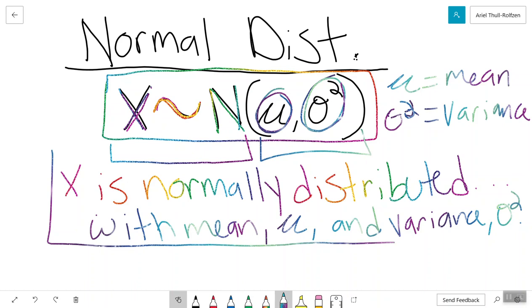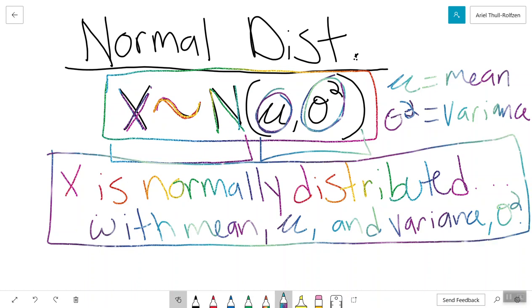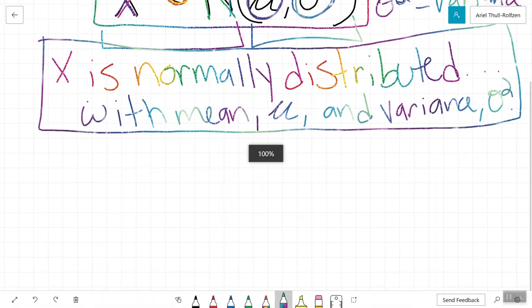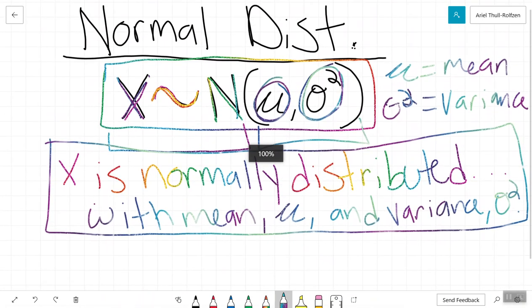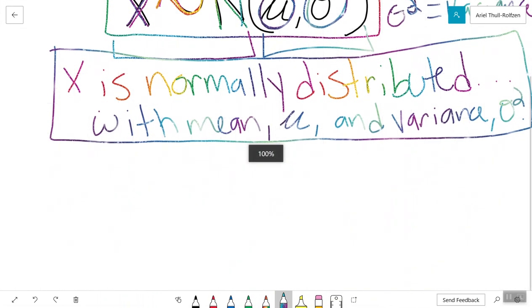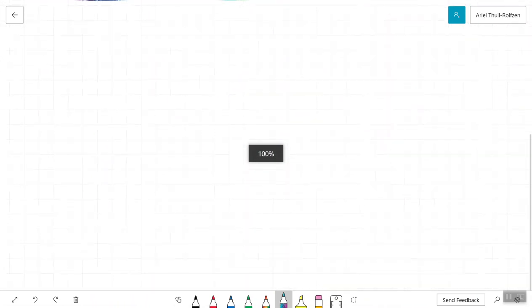This is what you're going to want to remember when we start doing normal distribution. And being able to understand normal distribution is going to help us when we get into later chapters with hypothesis testing, because this is very similar and it's kind of like a gateway to testing a statistical hypothesis.